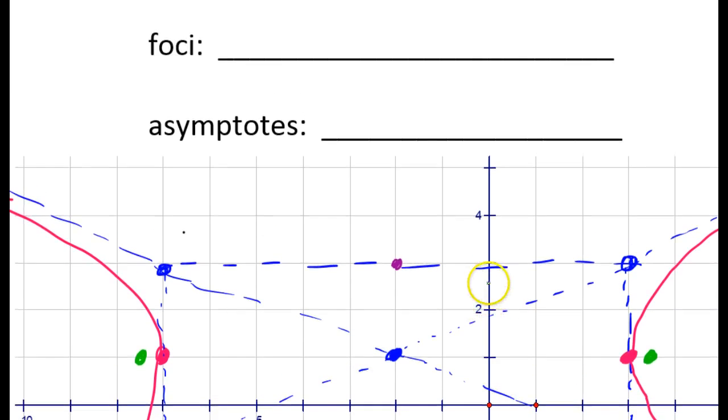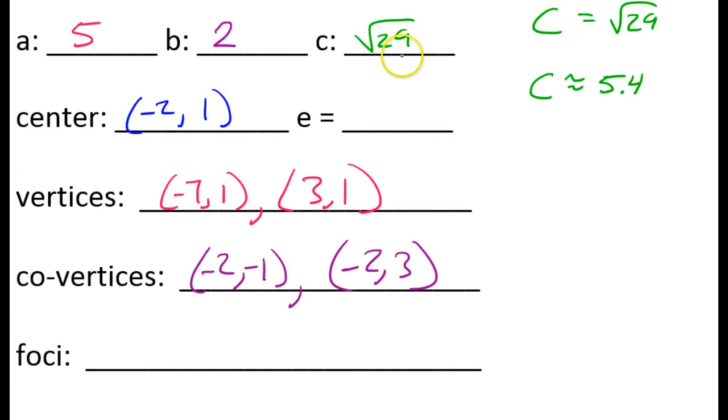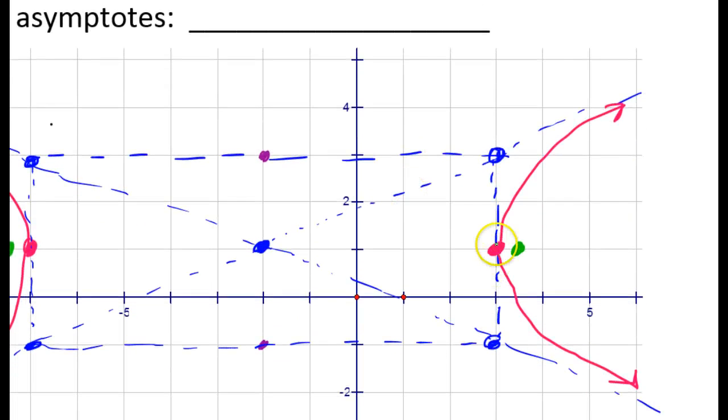Now when I label these, I can't use the 5.4. I have to use the radical 29. Understand that the y value of this point will definitely be 1. It's sitting right at a y value of 1, so I don't need to worry about that. It's just the x value that's a little weird. For the x value, start with the center. The center has an x value of -2, so I'm going to start with -2. Now I'm going to the right by a value of c. Because I'm going to the right, I'm going to add, and c was radical 29.